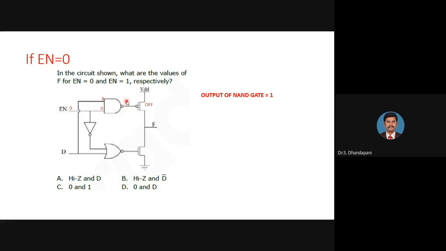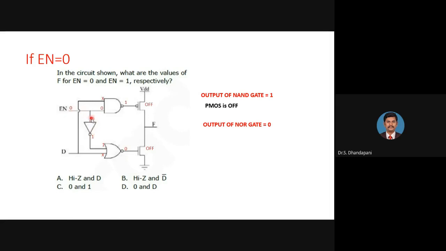Now, since the output of this NAND gate is 1, the PMOS transistor gate terminal is getting logic 1. As a result, it is off. Now, the NOR gate is getting the enable signal via the inverter.